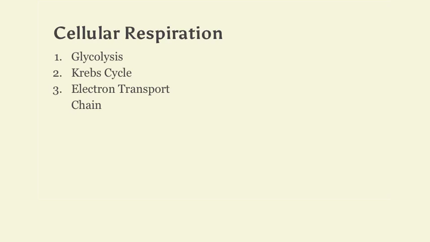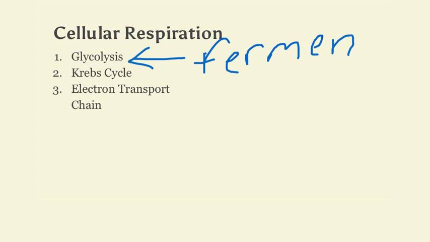Cellular respiration can be thought of in three parts: glycolysis, the Krebs cycle, and the electron transport chain. There's also another little side pathway, a little side journey, that we're going to talk about, which is fermentation.